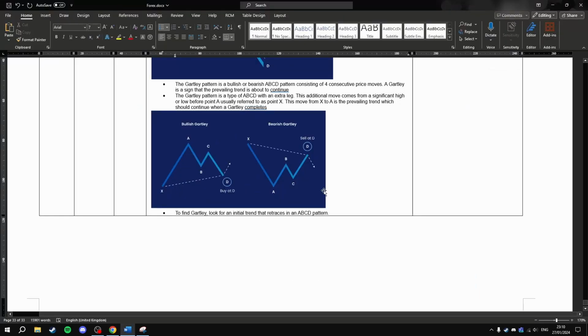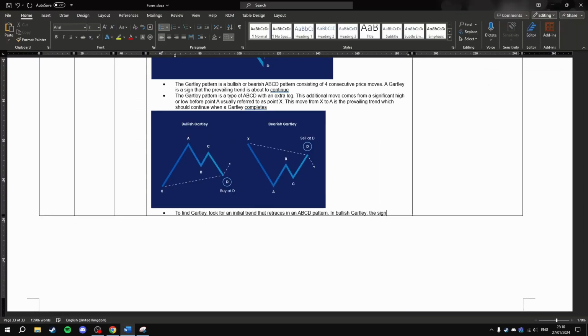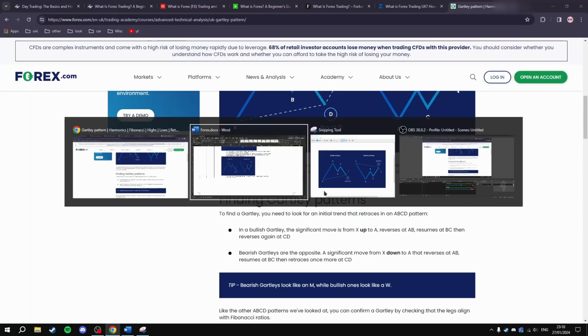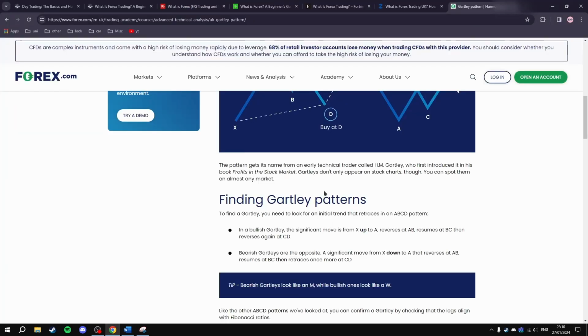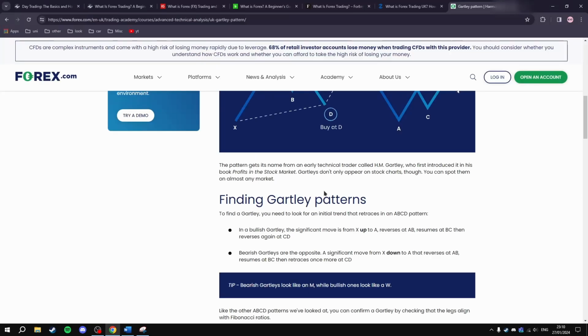Right, so in a bullish Gartley, the significant move is from X up to A. Reverses at AB, resumes at BC, then reverses again at CD.